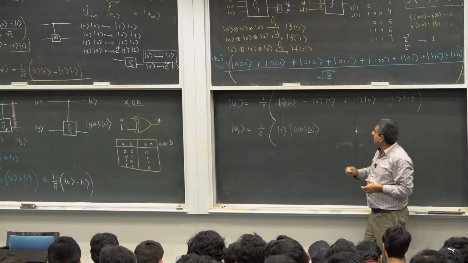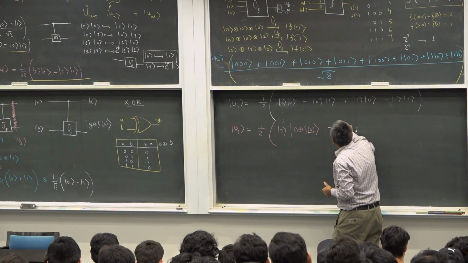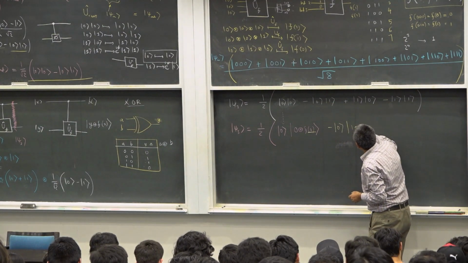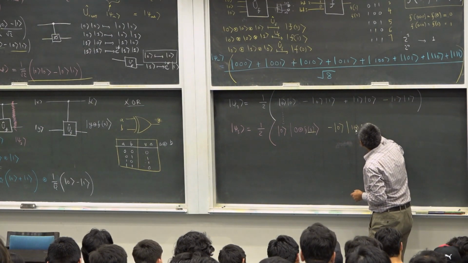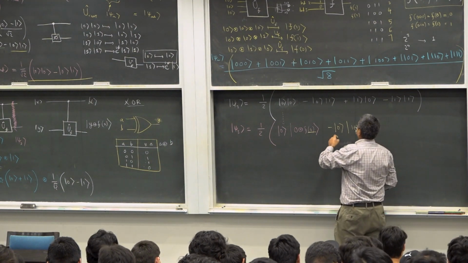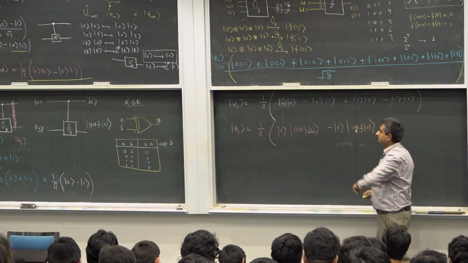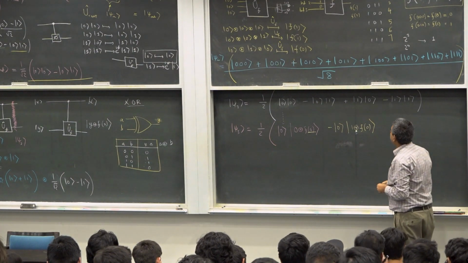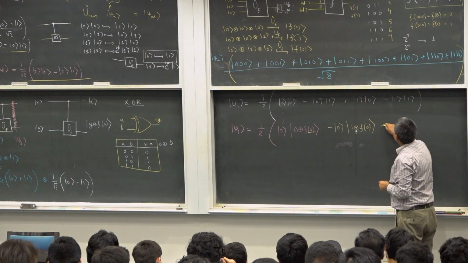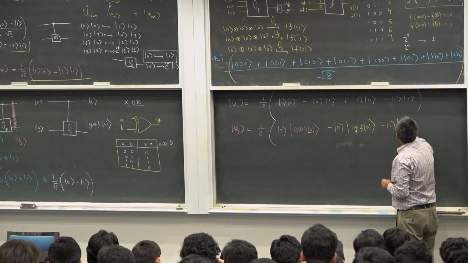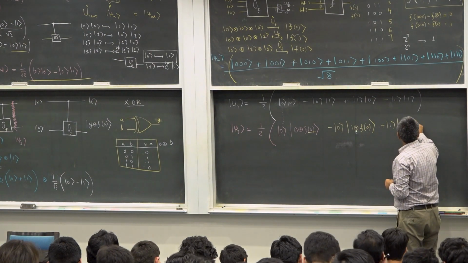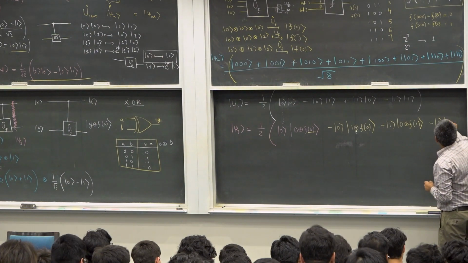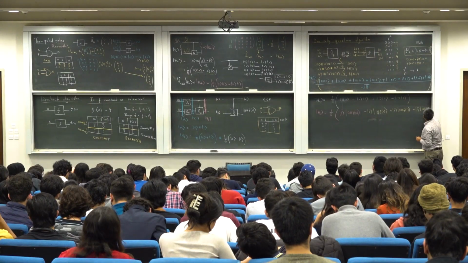All right, minus, nothing happens to the first qubit. Second qubit has a state 1, exclusive OR with the function f acting on the first qubit. All right, and then plus ket 1 0 exclusive OR function f acting on 1, minus ket 1, 1 exclusive OR function f acting on 1.